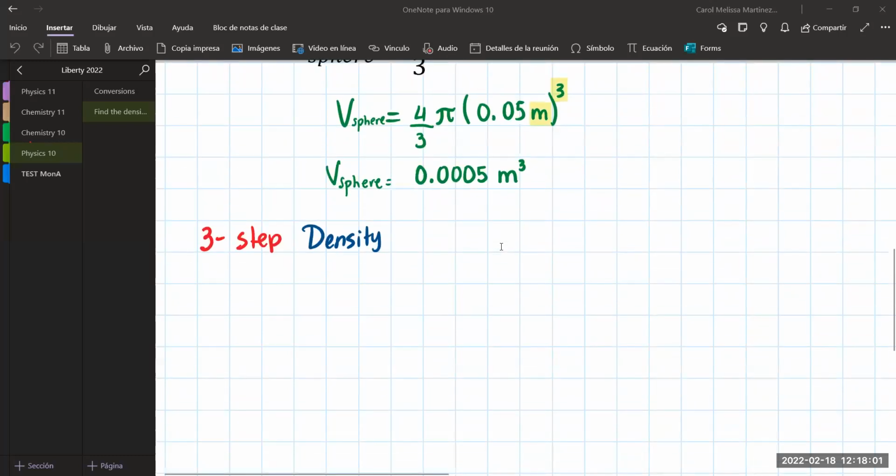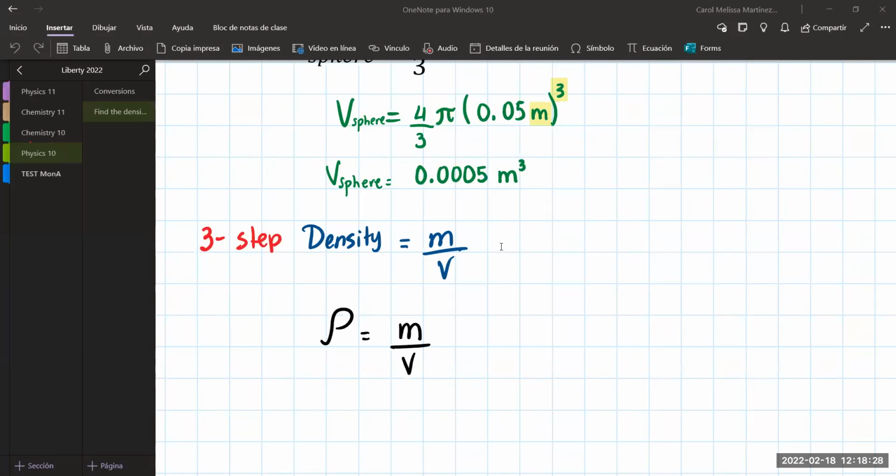Let's make sure that we have everything we need. Density is equal to mass divided by volume. The mass is already converted to kilograms, and the volume is already in cubic meters, so all we need to do is apply the formula.